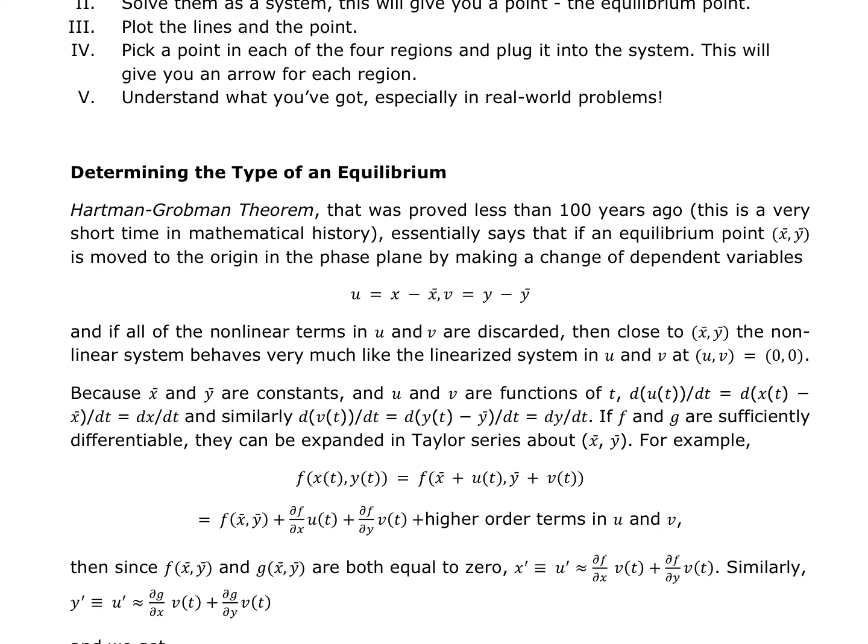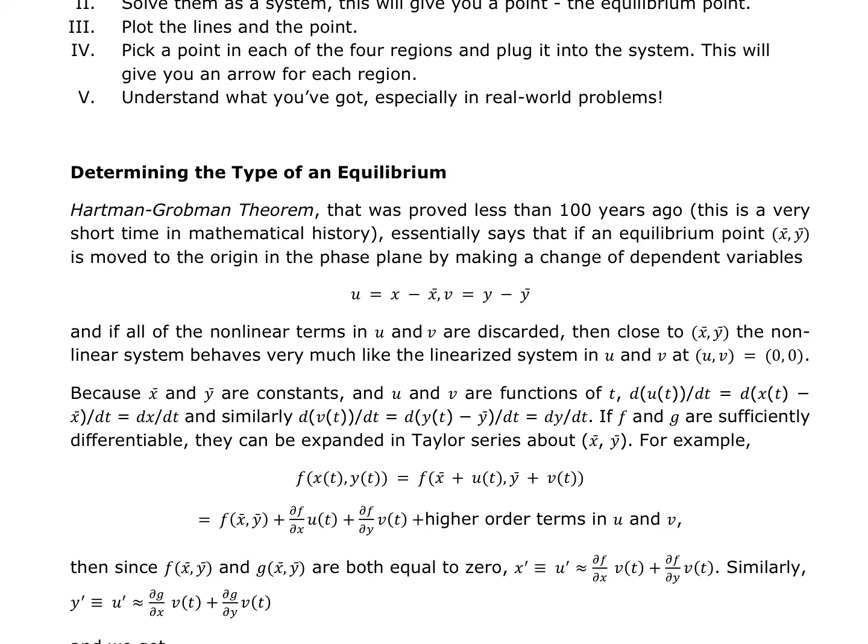The Hartman-Grobman theorem essentially says that if the equilibrium point (x bar, y bar) is moved to the origin in the phase plane, making these variable replacements, u is equal to x minus x bar, the x part of the equilibrium point, and v is equal to y minus y bar, the y part of the equilibrium point.